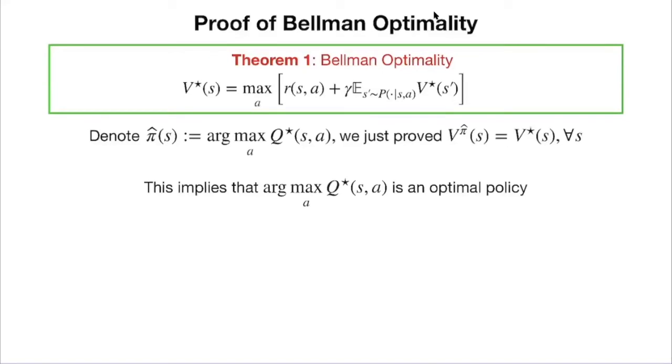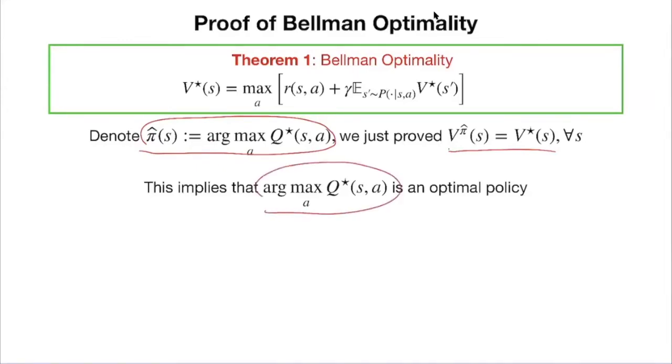The byproduct of this proof is that we start from defining this policy pi hat, and we proved that V pi hat is actually equal to V star at every state S. So by the definition of optimality, this policy is an optimal policy, because its value equals V star of S, which means this policy dominates any other policy for every state.